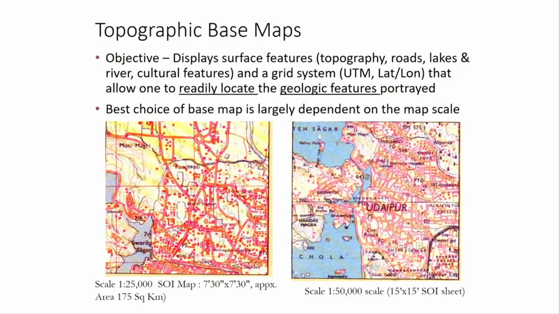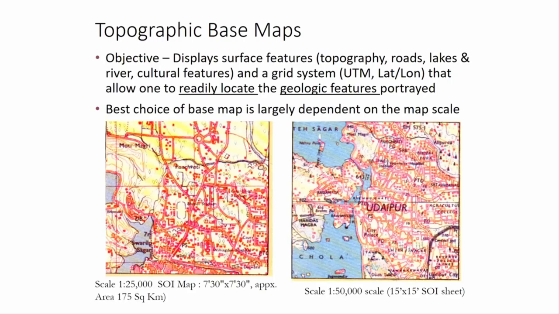The same also goes with topographic maps, and these topographic maps have a very well-defined objective. Generally, the maps will have a lot of dominance of red colors, and those red colors represent the man-made features.